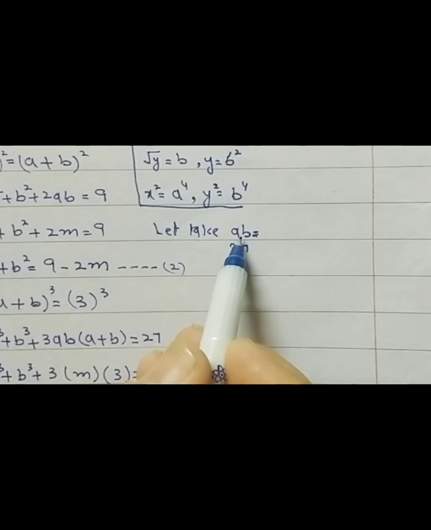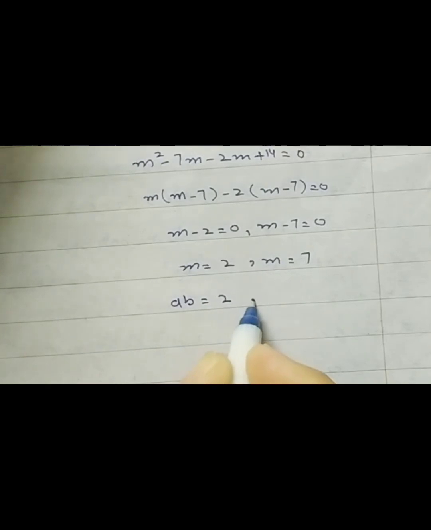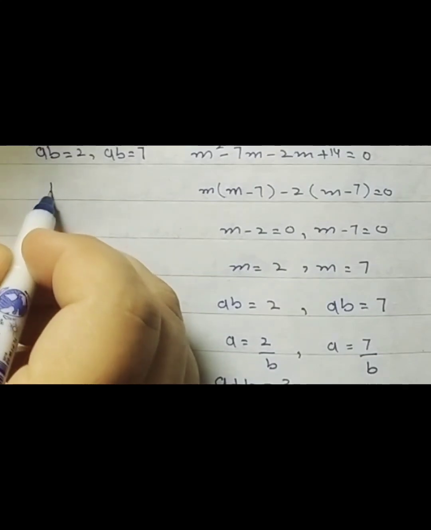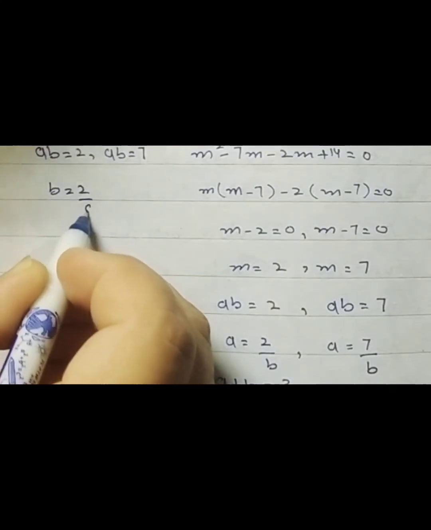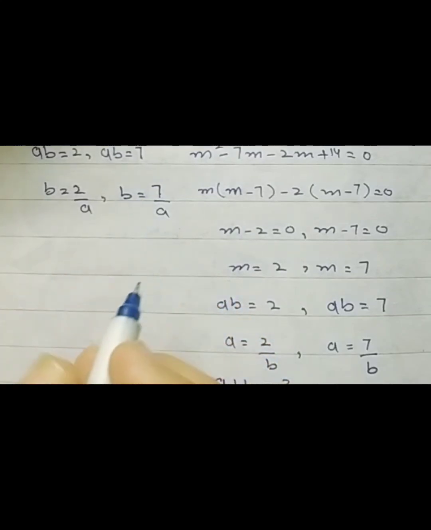We had supposed m is equal to ab. So now we can write ab is equal to 2 and ab is equal to 7. Here we can write b is equal to 2 over a and b is equal to 7 over a.